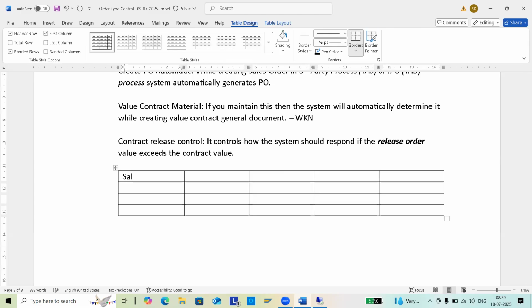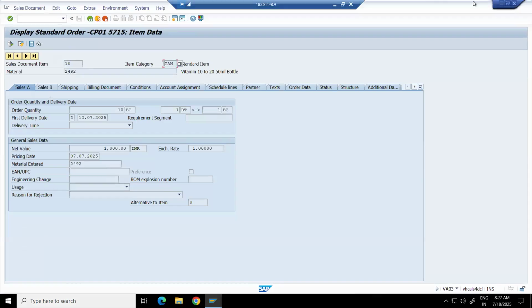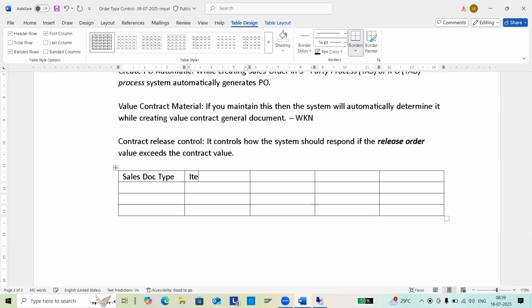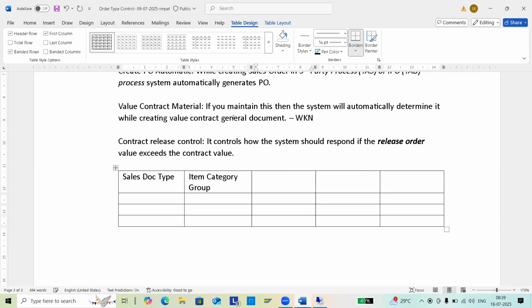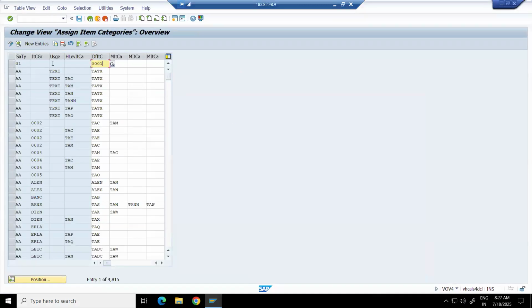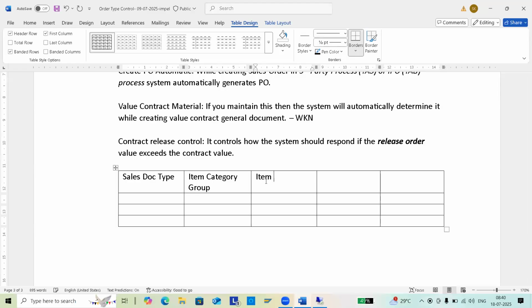Then what is next? Default item category.